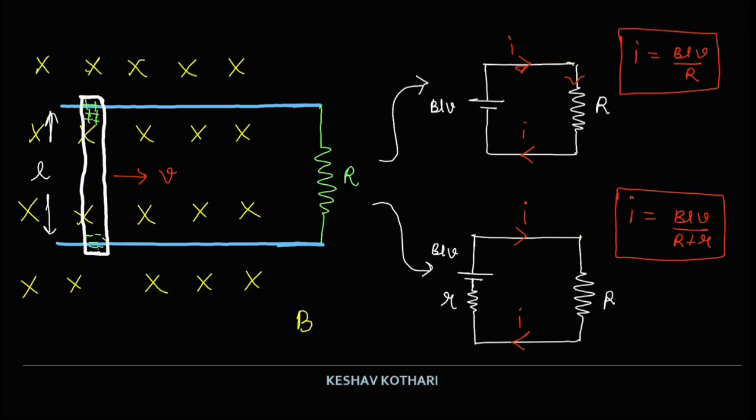In this case, the middle finger is pointing in the upward direction for the conductor of length L, so the upward terminal will behave like a positive terminal. So we can use Fleming's right hand rule for the determination of the polarity of BLV, or we can take the direction of V cross B as the direction of the positive terminal, and draw an equivalent circuit diagram for this particular case.